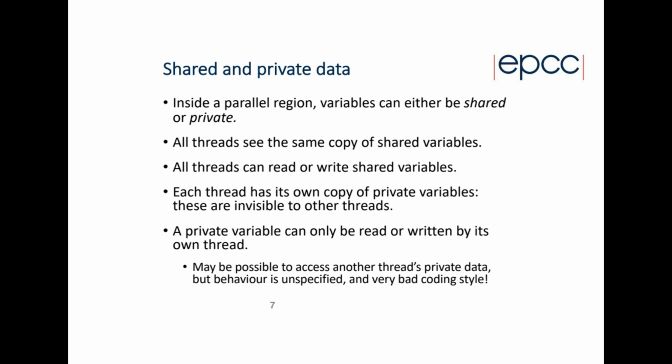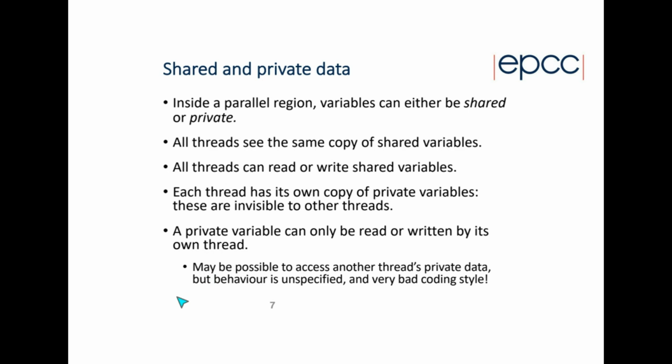And those behave how you'd expect, okay? So all threads see the same copy of shared variables, and all threads can read or write shared variables. And each thread has its own copy of private variables, which are invisible to other threads. So a private variable can only be read or written by its owning thread. Well, that's true up to a point, okay?